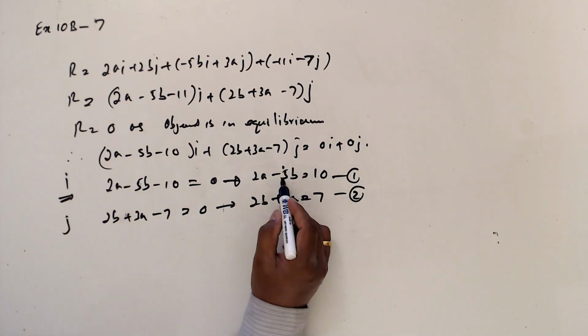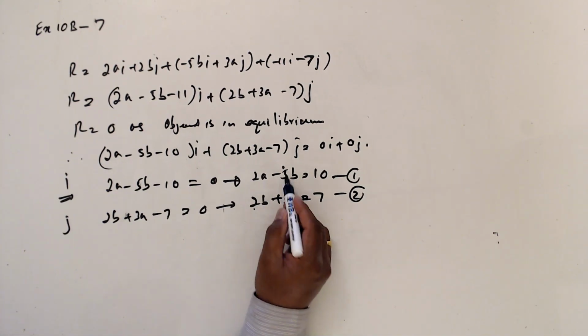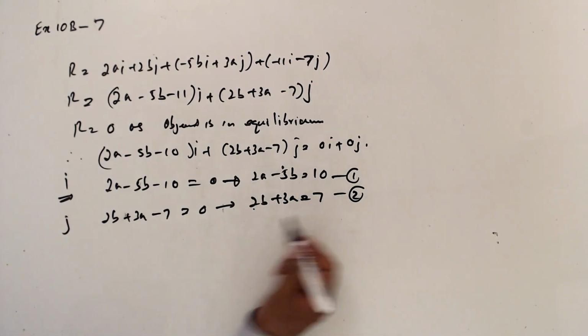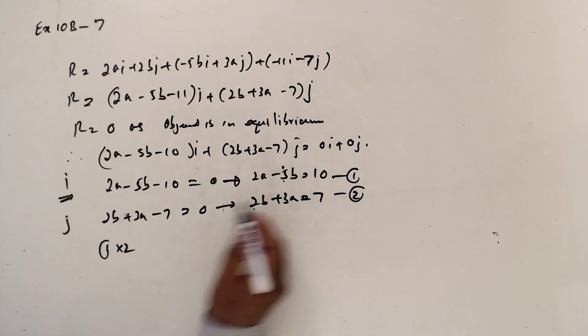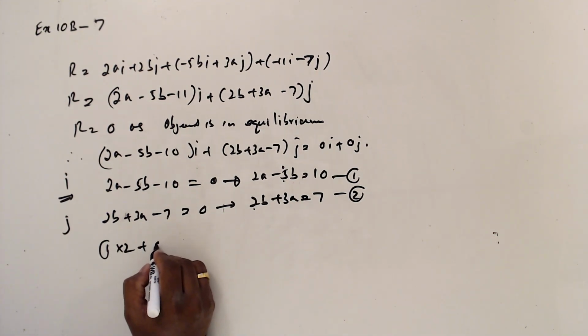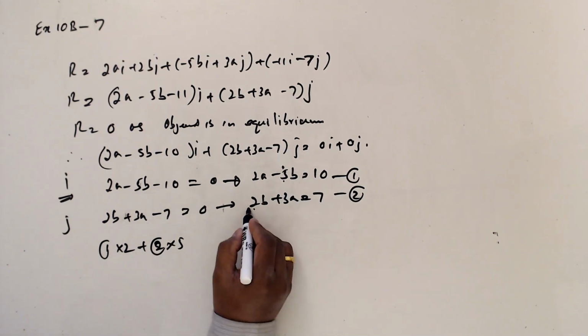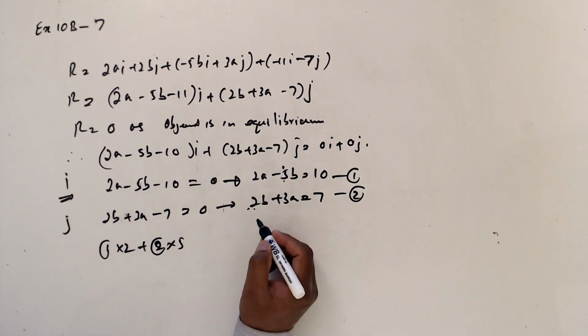I can see this is 5b and this is 2b. I am going to multiply 1 by 2, then this becomes minus 10b, and multiply 2 by 5, so this is 10b and it is cancelled out.